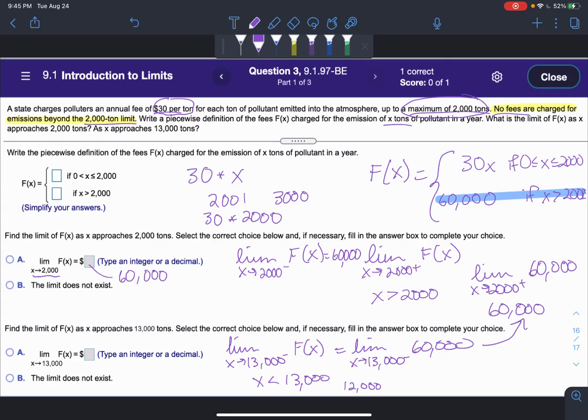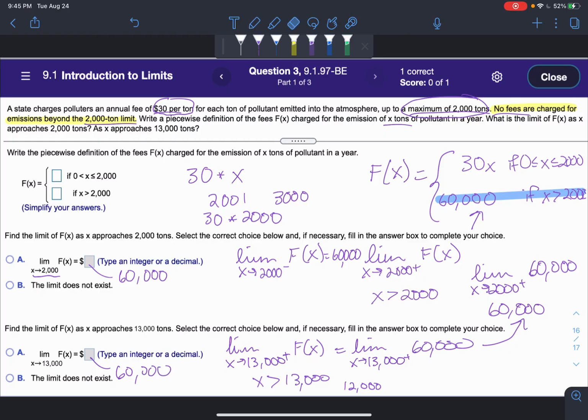And then if we look from the right-hand side, now we're considering values greater than 13,000. And based on our function, we will still use the same piece of the function, so our limit is still 60,000. So our overall limit is 60,000 because the two are equal.